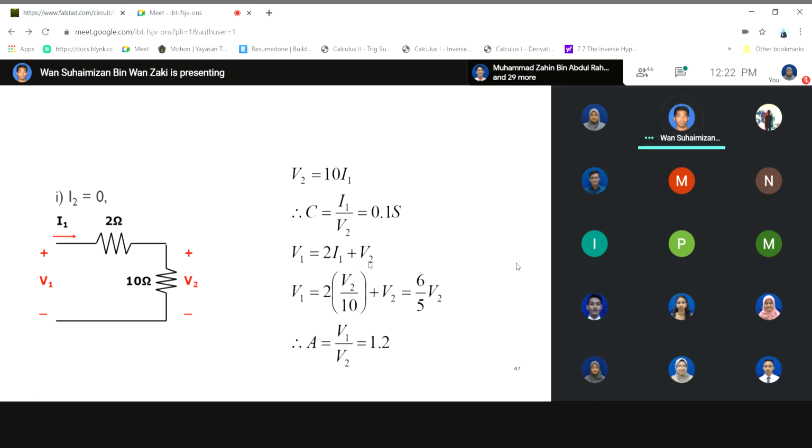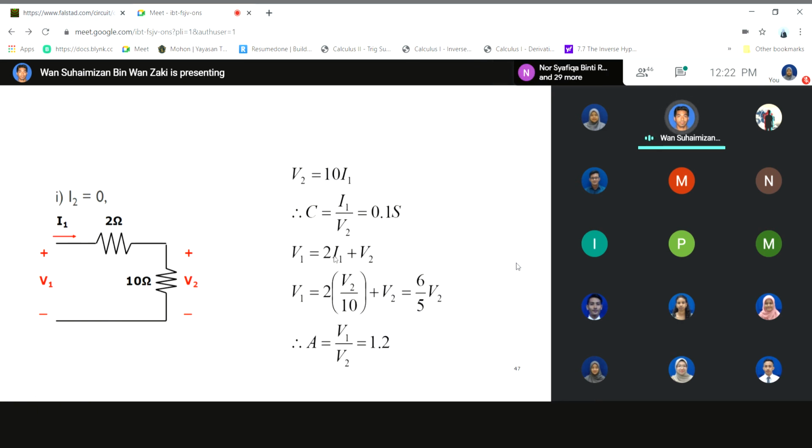Next, you need to determine the ratio between V1 and V2. So this is your V1, this is your V2, right? So using the KVL loop here, Kirchhoff's voltage law, negative V1 plus 2I1 plus V2 equals 0. So you see that I1 is V2 over 10.